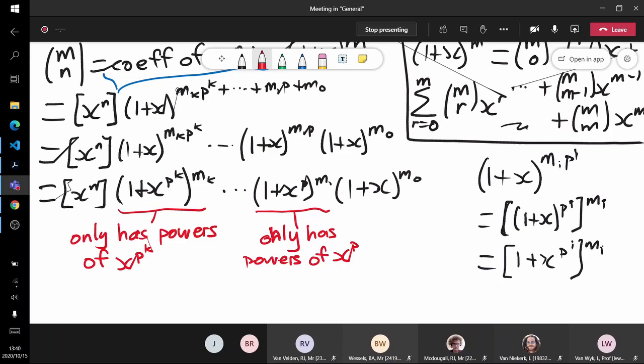So that's the first thing to notice about this expansion: each bracket only has powers of x to the p to the whichever power we're working with.